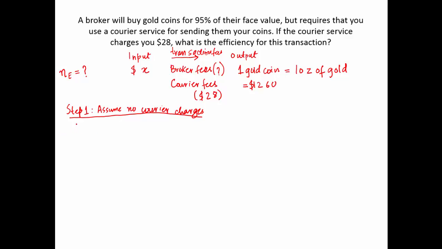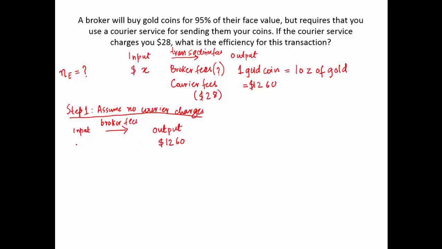So again, let's do this process again. We have our input, we have broker fees, we have our output. Our output is the same, $1,260.